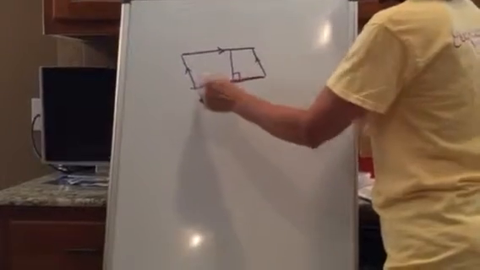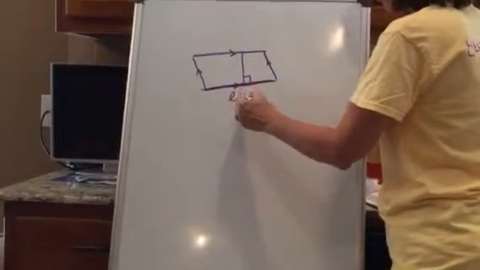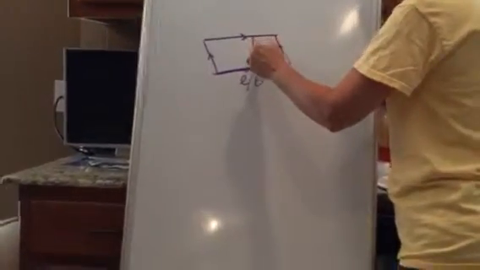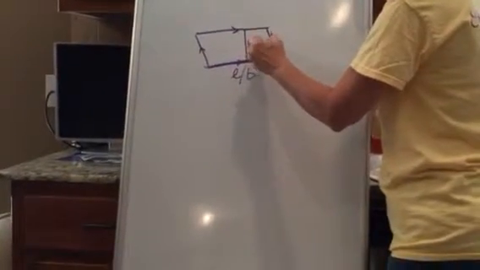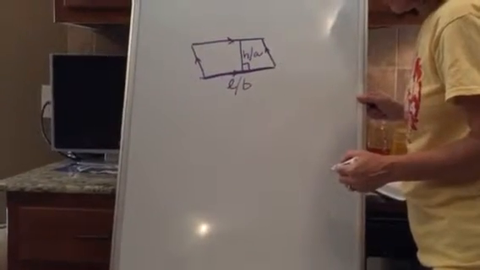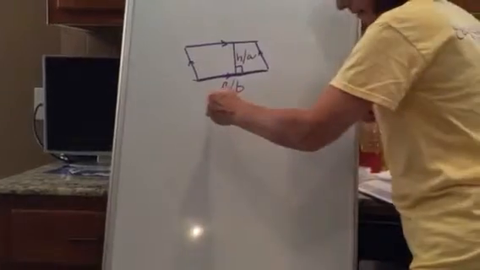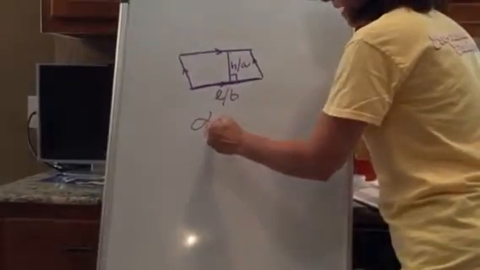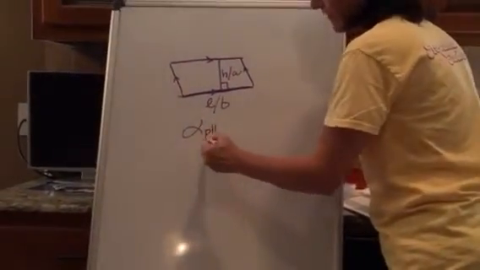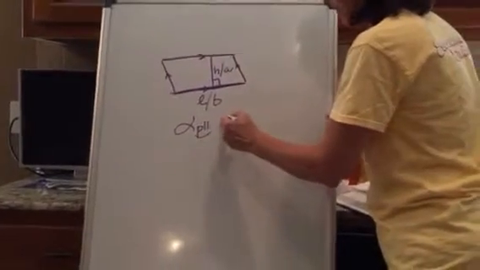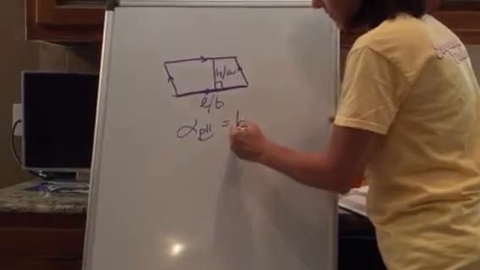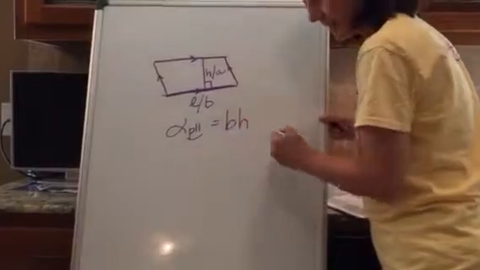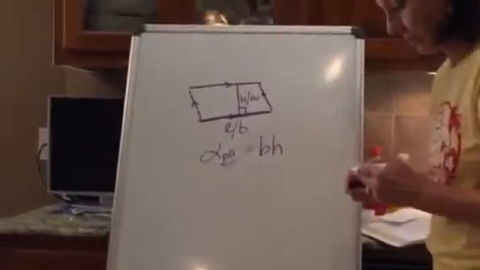Okay, so it would be the length, or they call it in the book the base, times the height, or many books call it the altitude. So the area of a parallelogram, and I abbreviate parallelogram that way, is the length of the base times its height or altitude.